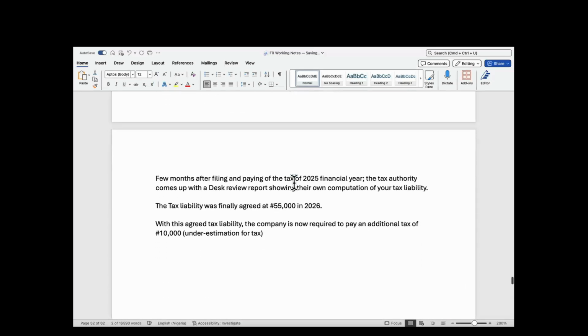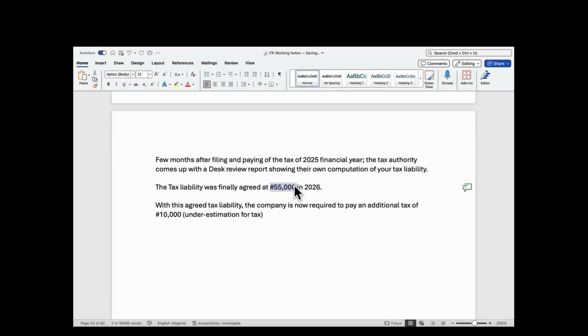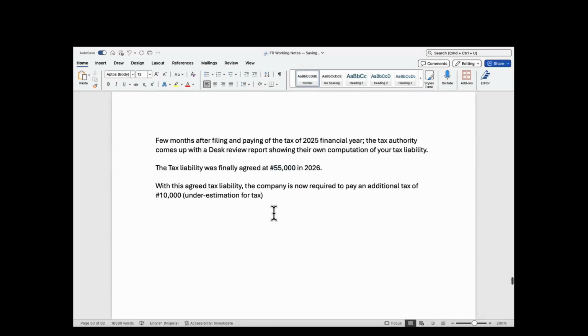So the real tax is the one you agree with the tax authority. So on the basis of that, we would know whether the estimation we did before was underestimated or overestimated. In this case, we had underestimated.